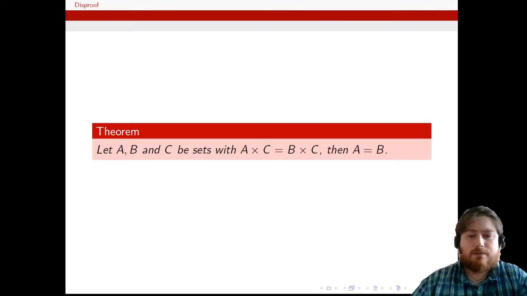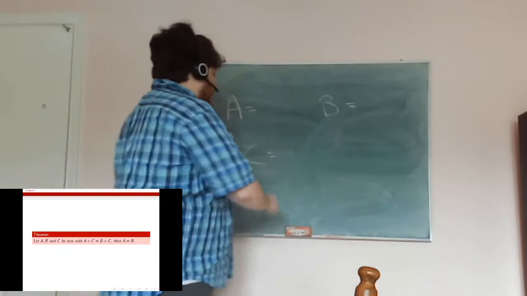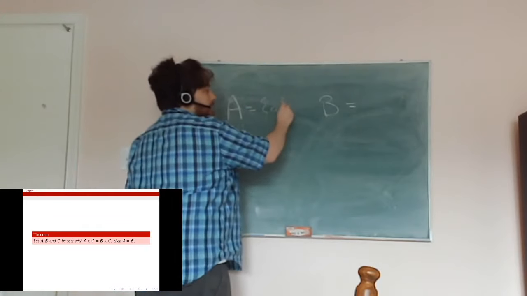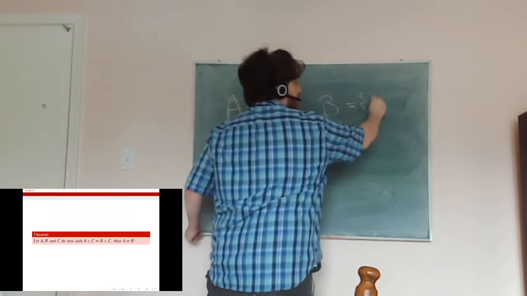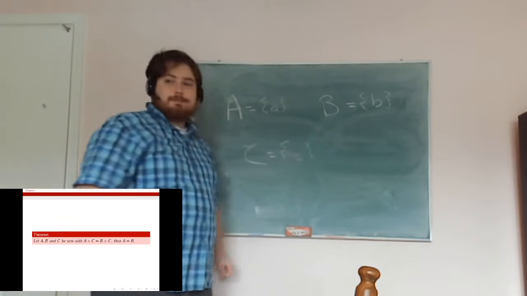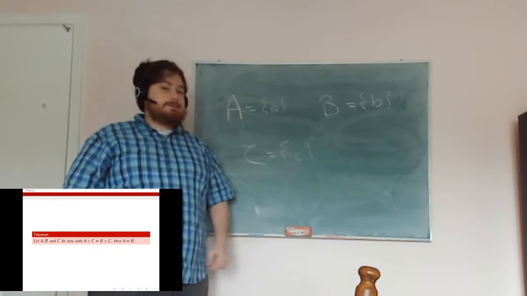All right. So what I have here is I'm just going to set A, B, and C. Let's say A is a, B is b, C is c. So I'm just going to try to make really easy examples here.